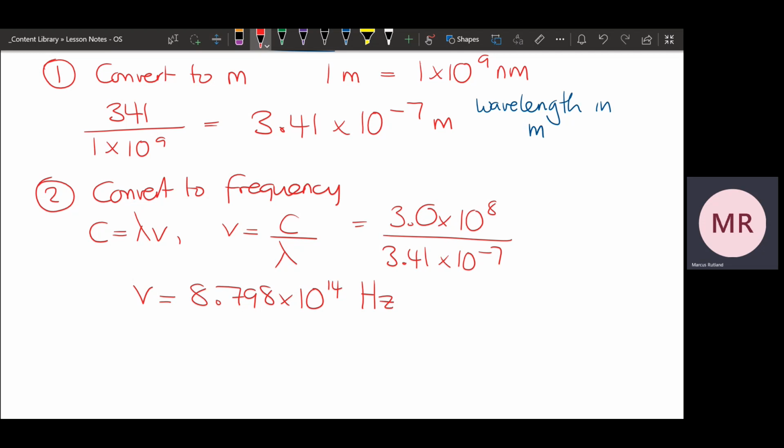So note we had a frequency like that before. The frequency of kind of UV visible light is definitely up in that sort of territory, 10 to the 14-ish hertz. So look out for that.